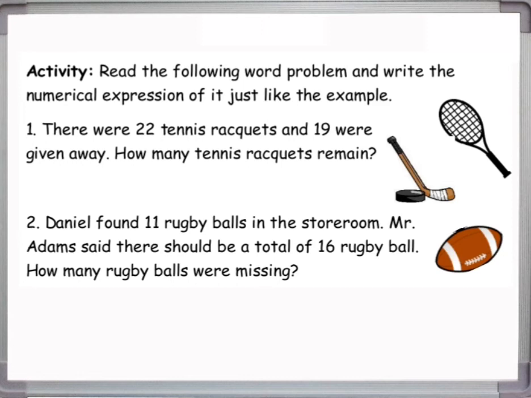Number 1. There were 22 tennis rackets and 19 were given away. How many tennis rackets remain? Number 2. Daniel found 11 rugby balls in the storeroom. Mr. Adams said there should be a total of 16 rugby balls. How many rugby balls were missing?